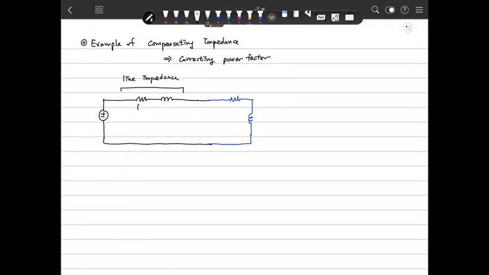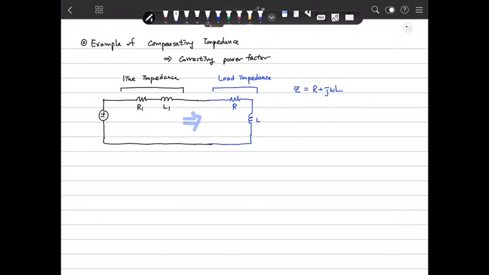There are R1 and L1, and this is the load impedance. So from the viewpoint over here, this is R and L, and the load impedance Z will be R plus j omega L.